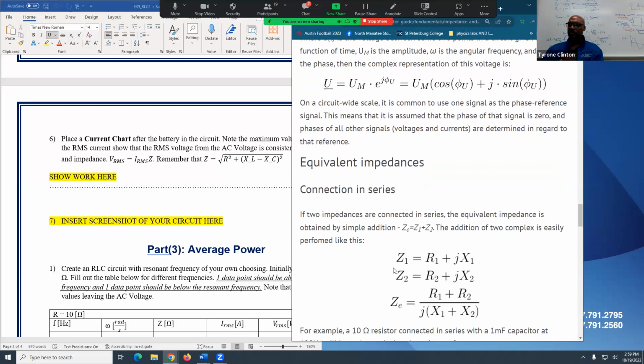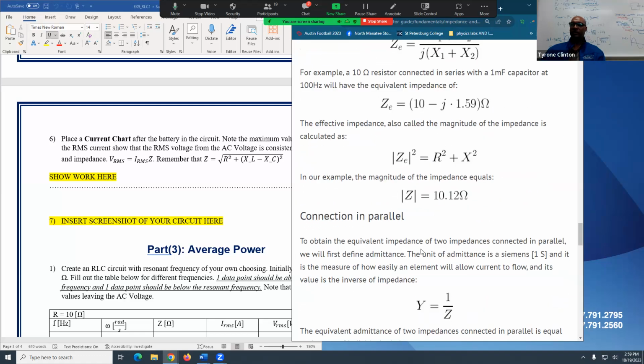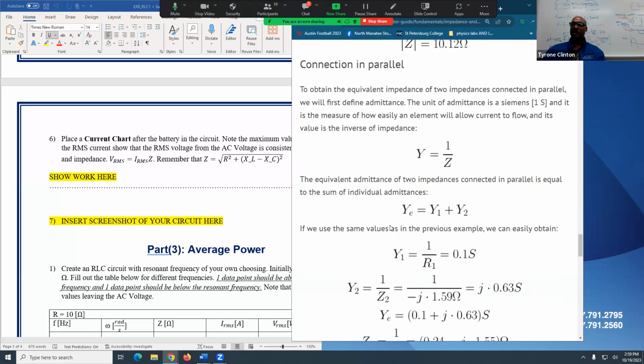Okay, and beyond that, you shouldn't really need too much of this. This is how to find the impedance, the total resistance of a circuit, where all these components are in series with one another, and that's identical to what we did for resistors in series, even though it doesn't look like it, where we just sum them up. We're not going to do anything where we have a connection in parallel.